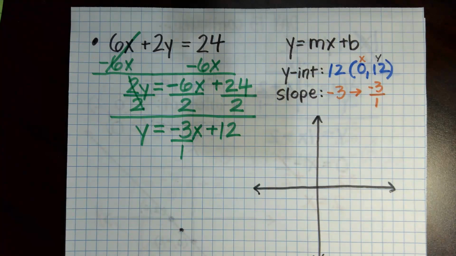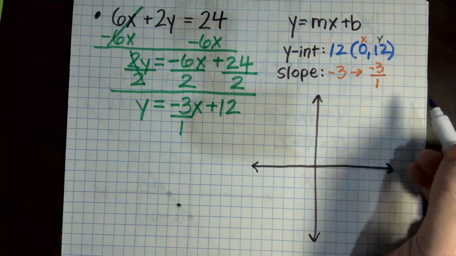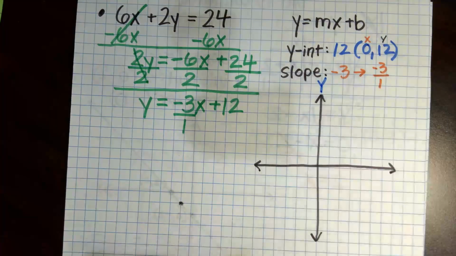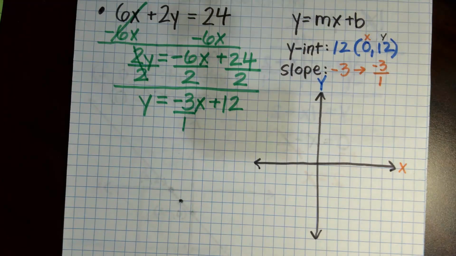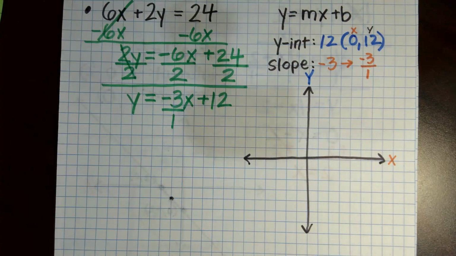Okay, so we have our y-intercept and we have our slope. First, before we start plotting any points, make sure that we have our x-axis and our y-axis labeled. Remember, our y goes up and down, and our x goes left to right. So what's the first thing I'm going to do now? Intercept.